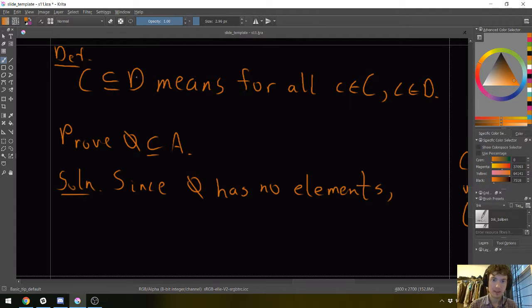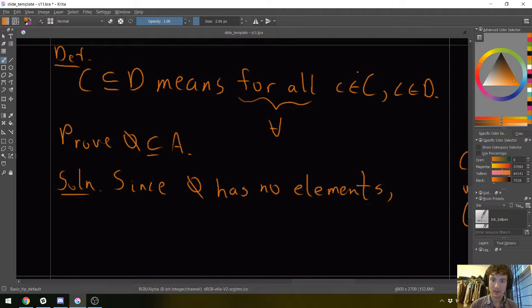Because what does this definition mean? This means to check that C is a subset of D, I have to iterate. This is a universal quantifier, right? That means I have to look at every single element of C, and if that element of C is in D, good. If it's not, then the definition fails.